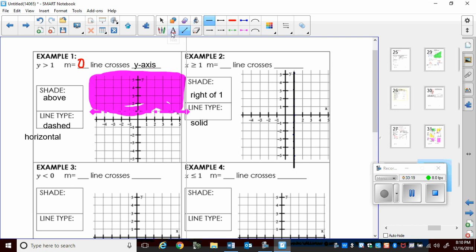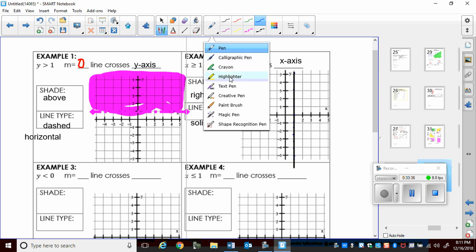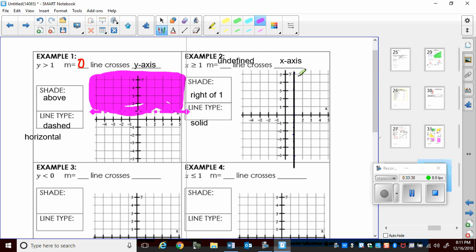Now, the slope of all vertical lines is undefined. This line crosses the x-axis because x is greater than or equal to 1. Now my shading is going to be towards the right of 1.